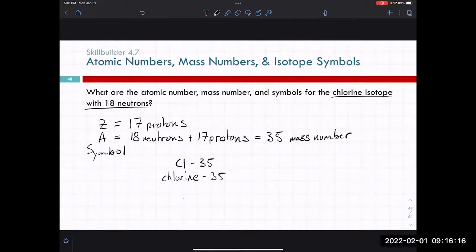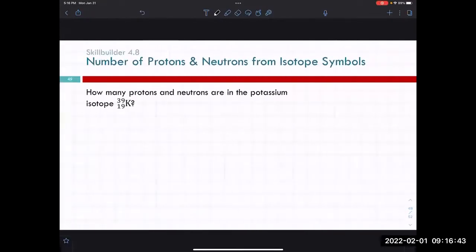Or we could use the symbol, then put the mass number to the top left and the atomic number to the bottom left. Any questions? Some rules to remember.